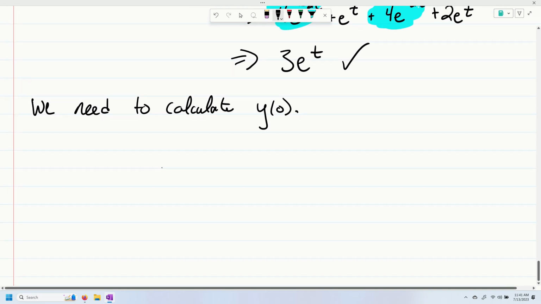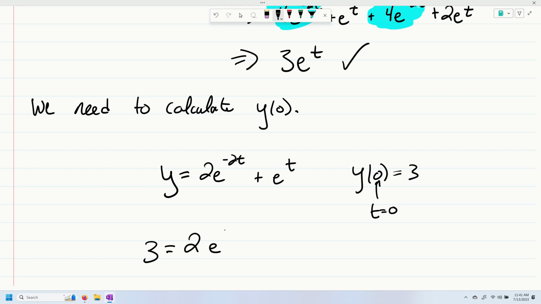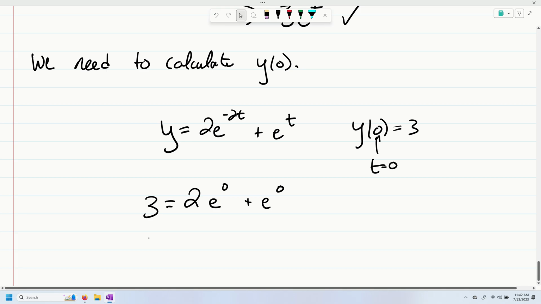So y equals 2e to the negative 2t plus e to the t. In other words, we want to make sure that when we substitute in t equals 0, we get 3 on the left-hand side. Well, if you recall, e to the 0 is 1. So you get 2 plus 1, which is definitely 3. So the results verify the initial value as well.